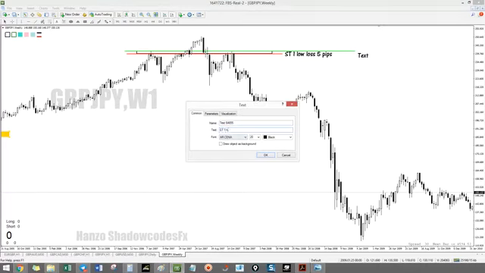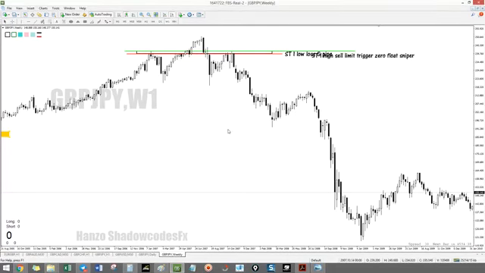ST1 high, sell limit. Bigger, zero float, sniper powerful.